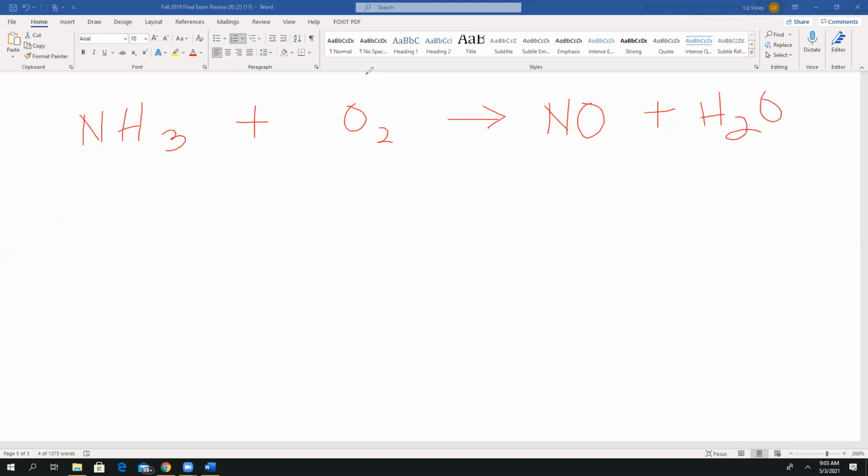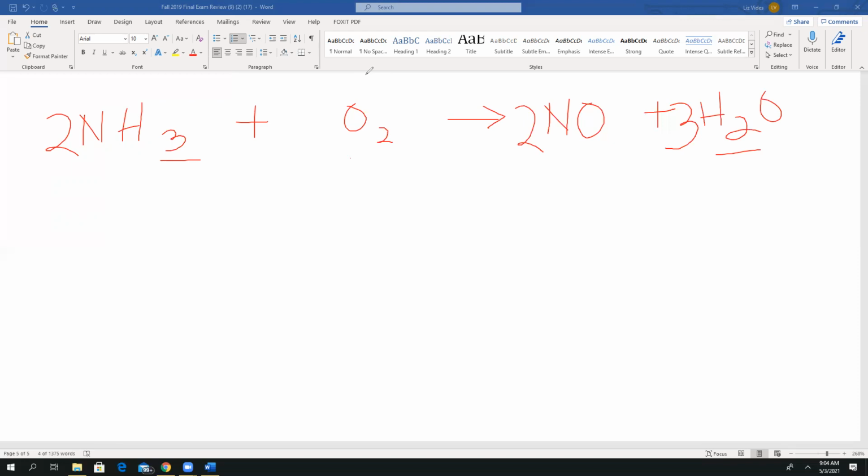So the first thing to do is balance it. Looking at it, you can see that that is not going to balance unless we put a 2 here. Now we have 6, so we can put a 3 there, and we can put a 2 there, and that should have balanced us. Except we have 2 and 3, which is 5.